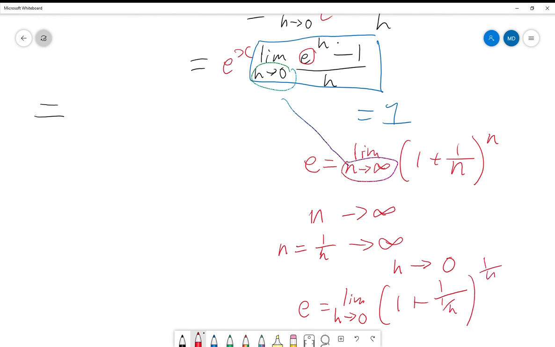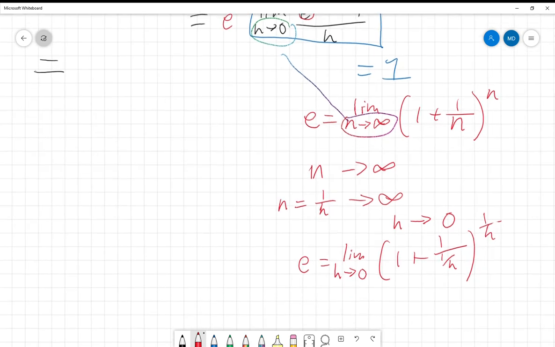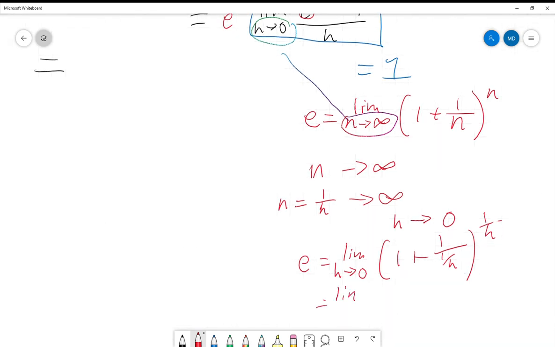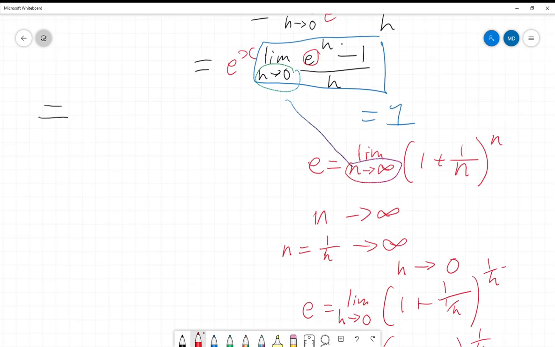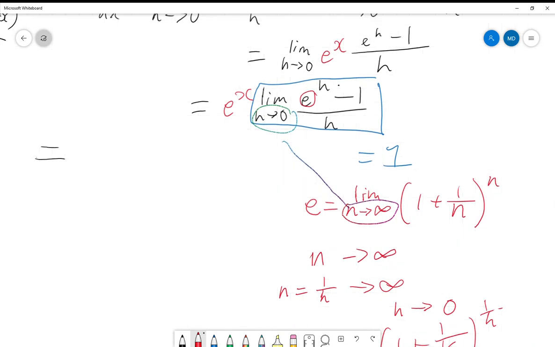But our rules of fractions tell us that 1 over 1 over h is just h, and so that's the limit as h tends to 0 of (1 plus h) to the power of 1 over h. Which is great now because we've got a limit as h tends to 0, which means that we can just combine it with this limit.